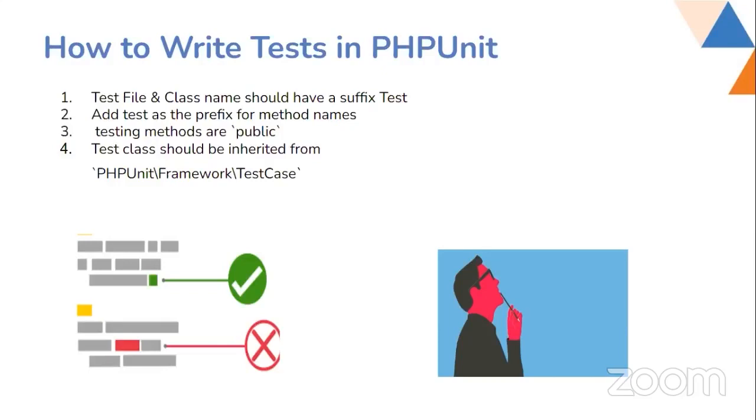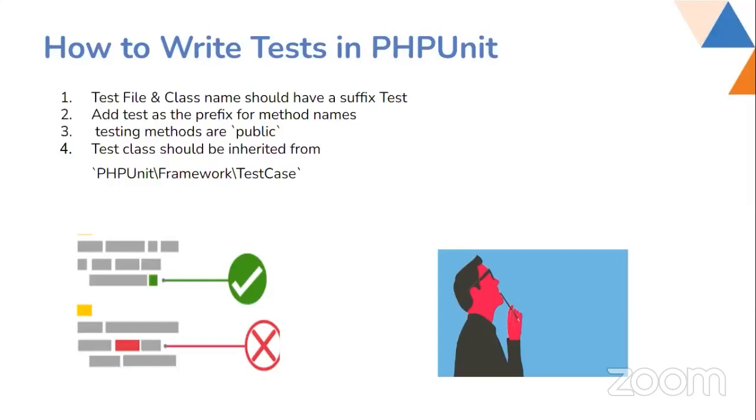For both test file name and class name, you have to add the suffix Test. For example, if your file name and class name is Calculator.php, then you have to add Test as a suffix, like CalculatorTest, as your file name and also the class name.